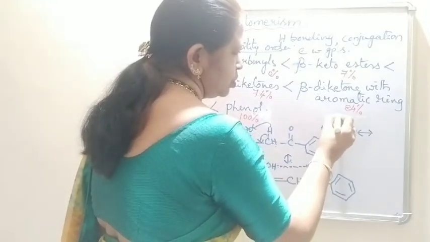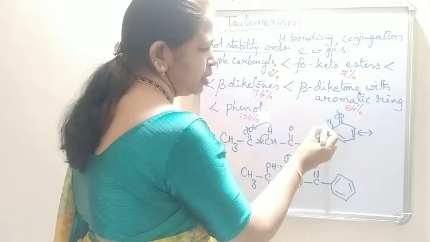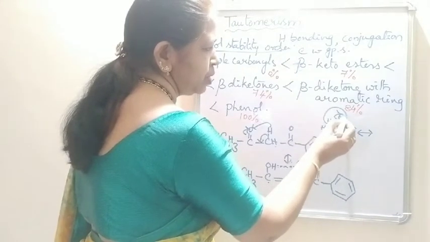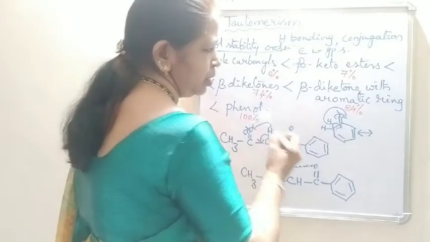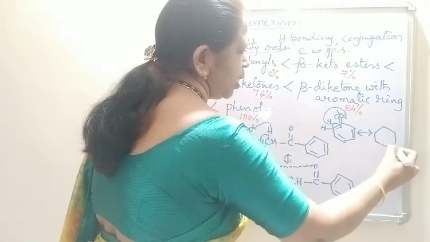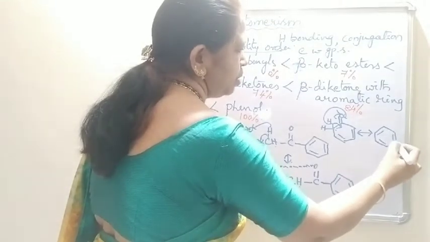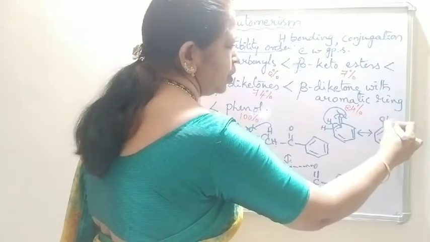So pi bonded electrons will be moving towards the oxygen. This alpha hydrogen will move towards the oxygen, and sigma bonded electrons are dragged inside the ring. So here it forms the phenol, which has very high stability because of the conjugation and OH group.